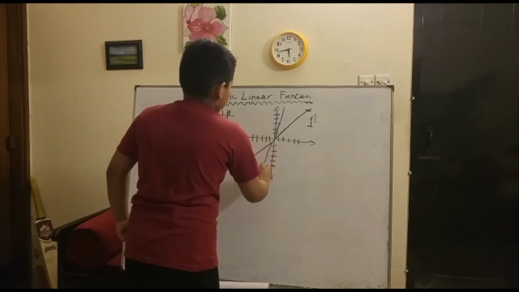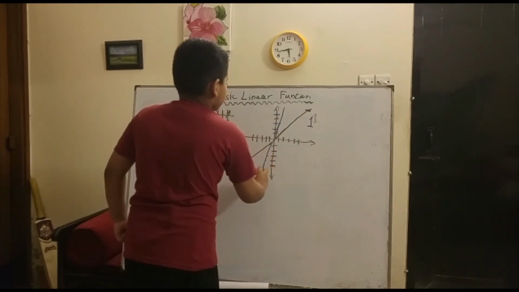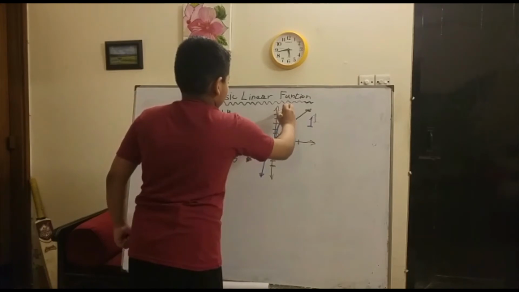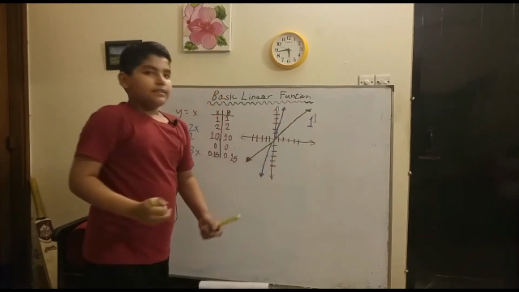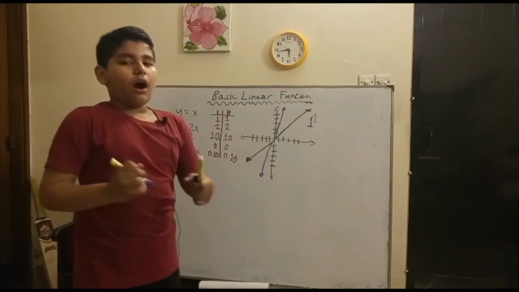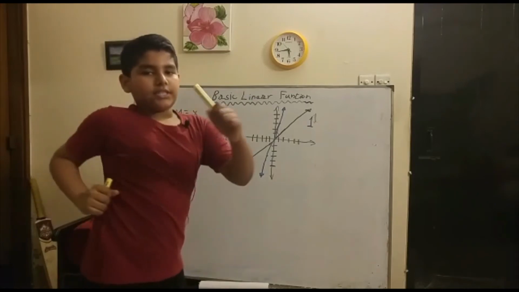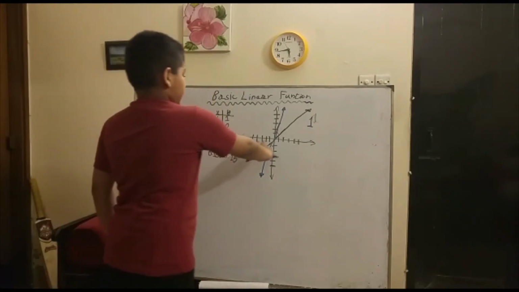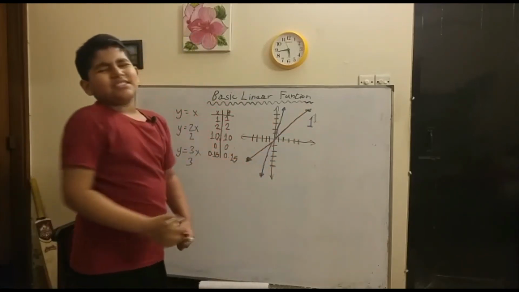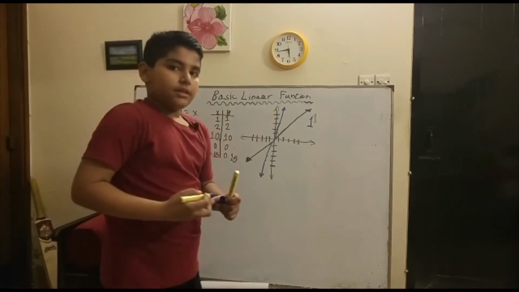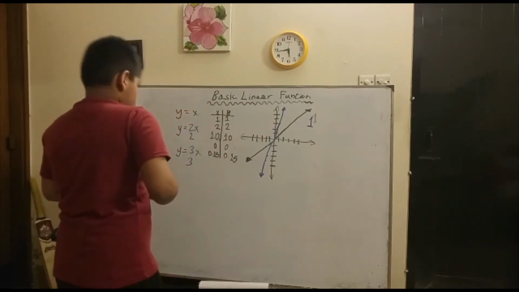Yeah, that's because of this. The steepness is kind of how hard it is to climb a mountain. This one wouldn't be very hard, but this one would take a lot of time. It's harder.